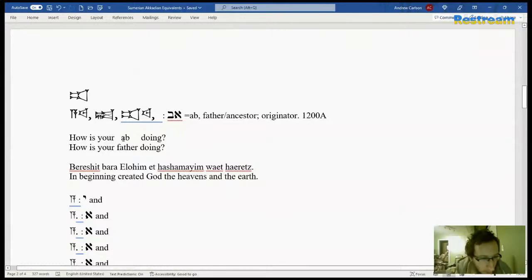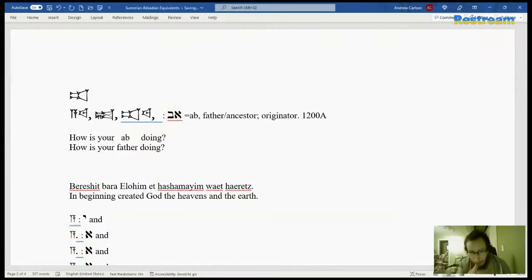But they also used ab, like this ab right here, as a sound value. So anytime you have ab as a sound, they could use it if they wanted to.